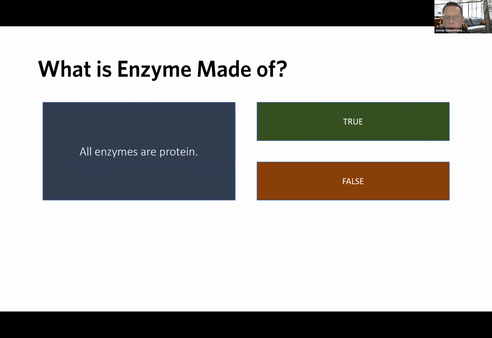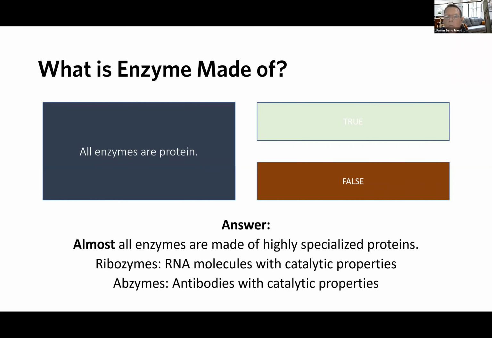It is the answer. Because in reality, almost all enzymes are made of highly specialized protein. Ribozymes are molecules with catalytic properties. And the same thing, abzymes are antibodies with catalytic properties.